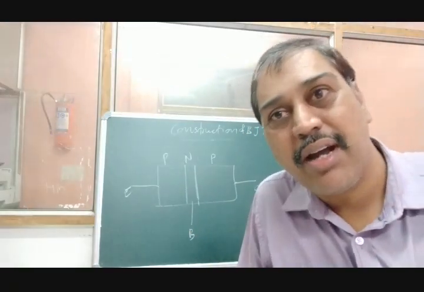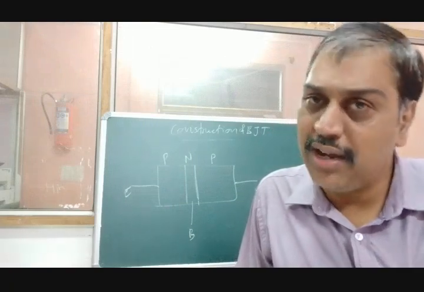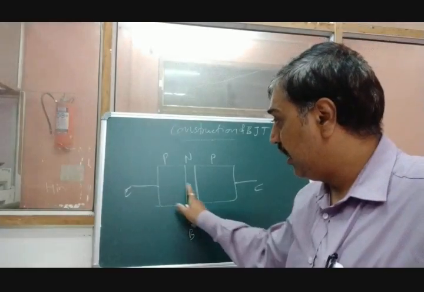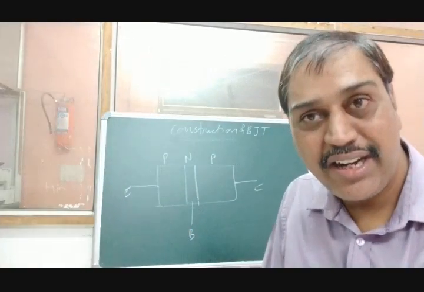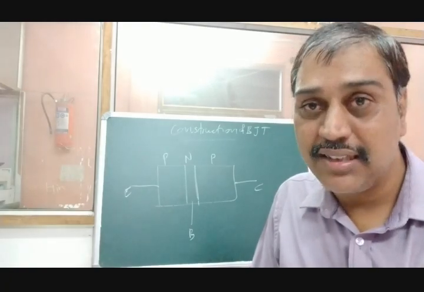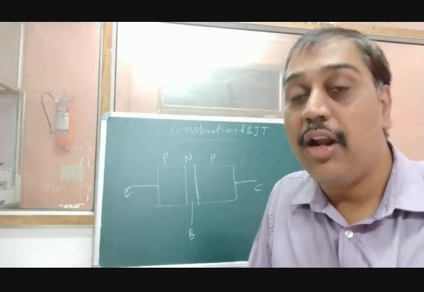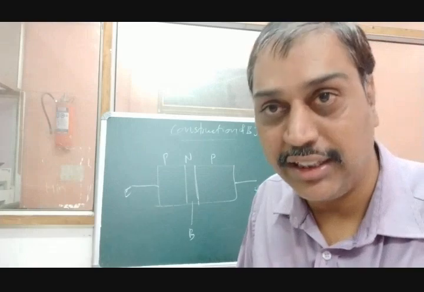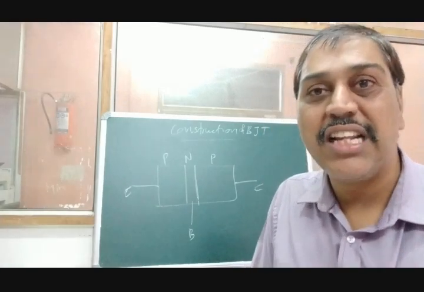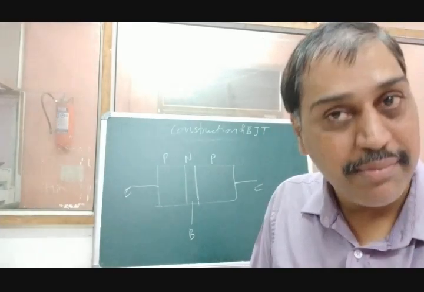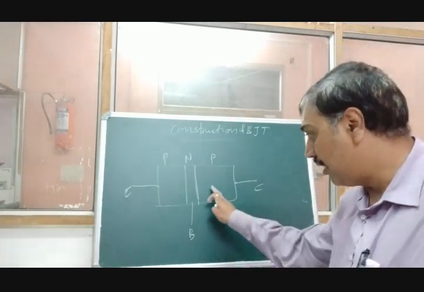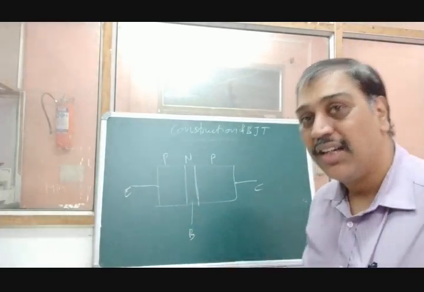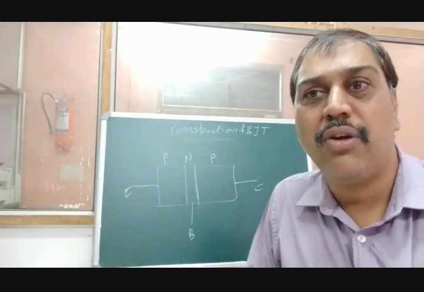Now if you remember, in the working of a diode, we have seen that when the positive of the battery is connected to the P region and the negative to the N region, it is said to be forward bias. When the diode is in forward bias, a large amount of current flows in the circuit, there is no opposition, and resistance is minimum. And when the diode is in reverse bias, there is no flow of current.